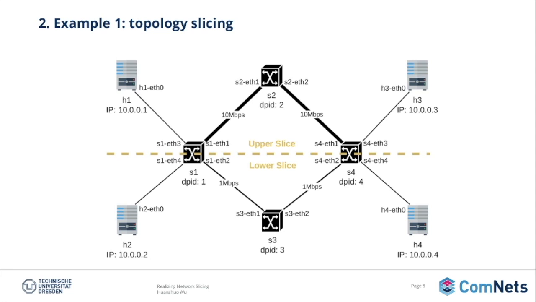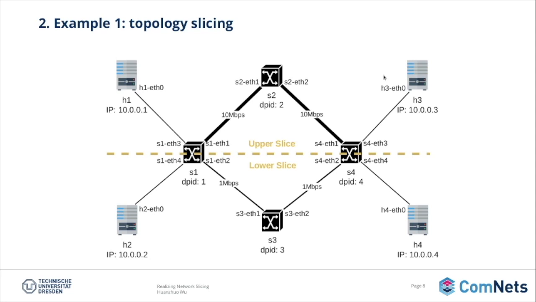In such a case, S1, S2, and S4, including their connection bandwidth, are available for H1 and H3 from the upper slice point of view, which means that the rest of the network resources are not visible to these network nodes.